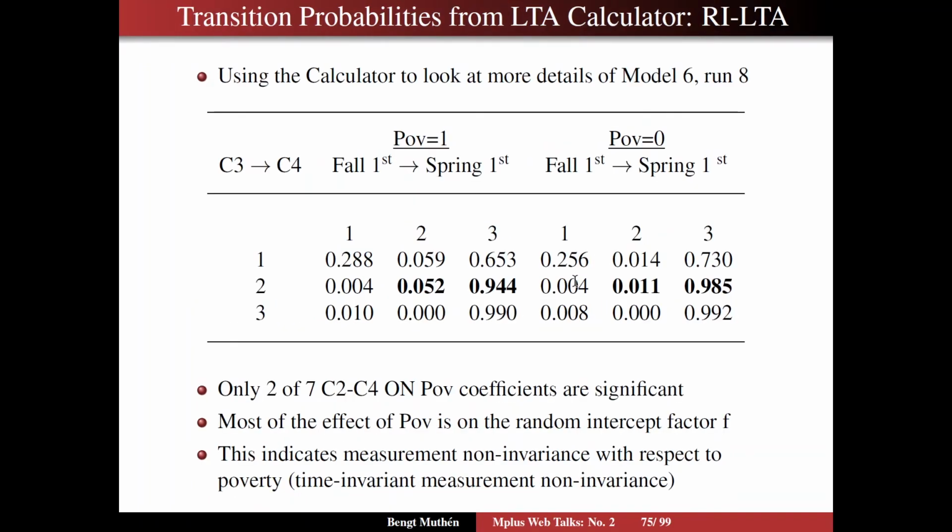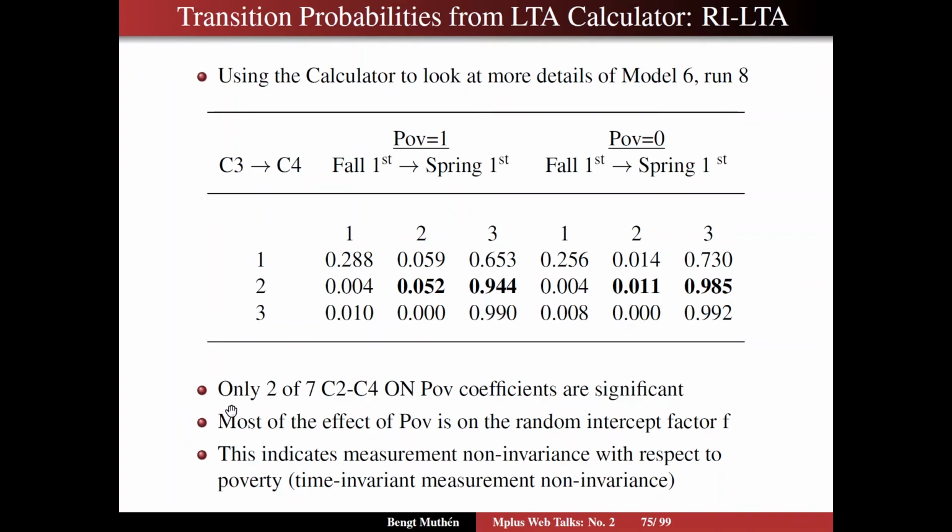Now, if you do the same thing for RI-LTA, this is model 6, that is run 8, the output from run 8. Once again, C3 to C4 transitions, and poverty equals 1, poverty equals 0, looking at the same type of classes here and here, we see less of a difference between poverty equals 1 and poverty equals 0.